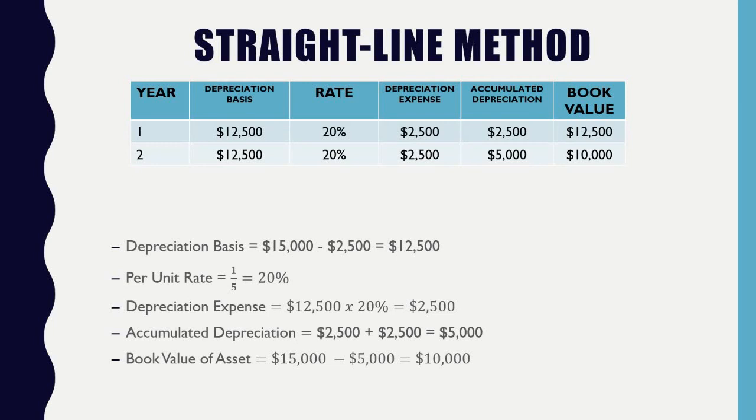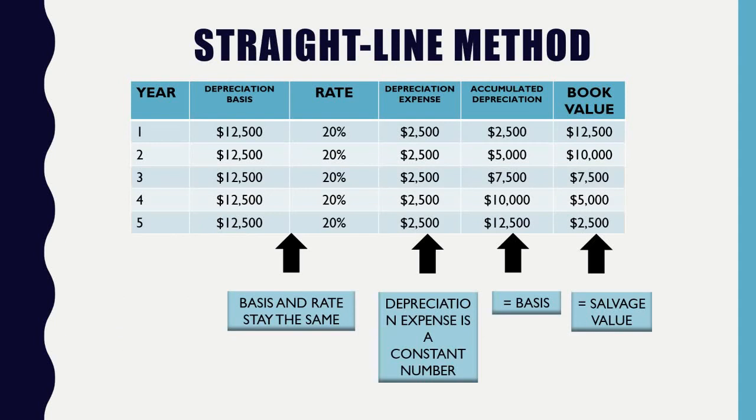This is what it means to spread the cost out evenly amongst its entire useful life. The more that we keep doing it, you're going to notice a trend. Your depreciation basis, your rate, and your expense are all going to be the same.